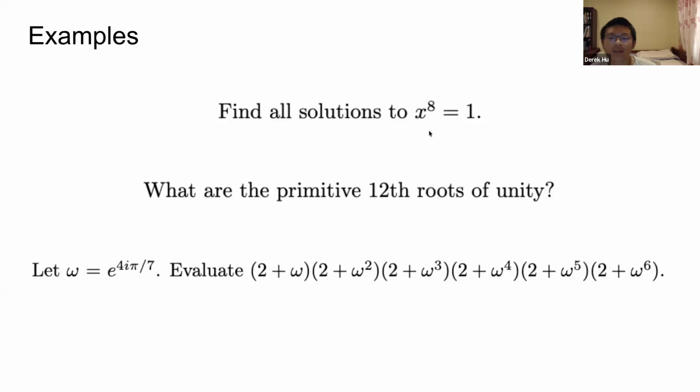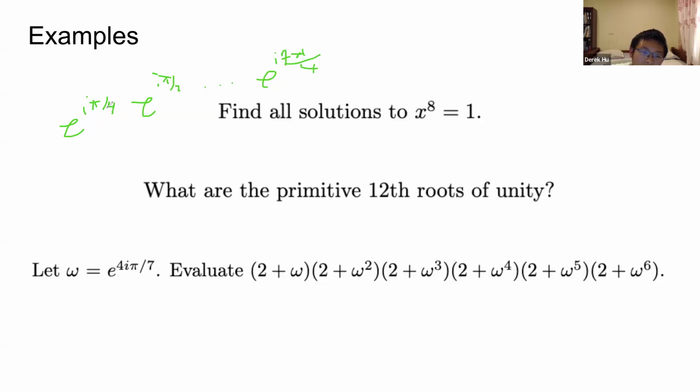All right, it's been about 10 minutes, so I'll go through these. First, the solutions of x to the eighth equals 1. These are just the eighth roots of unity. So this will be e to the i pi over 4, e to the i pi over 2, dot dot dot, all the way to e to the 7 i pi over 4.